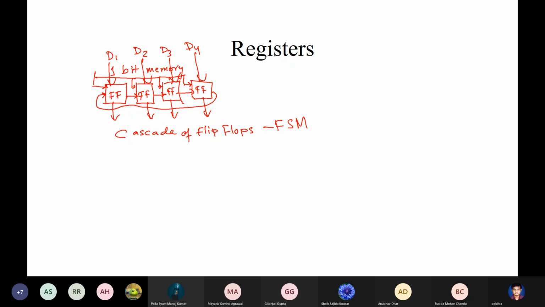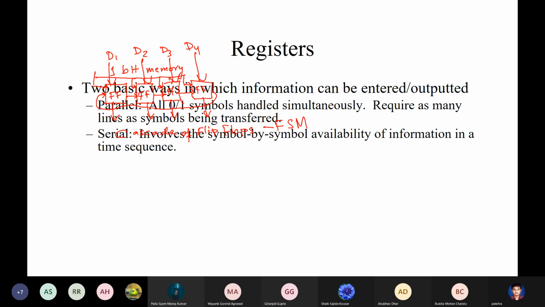You can think of the value of the output of each of these flip-flops as states, and depending on how these values change, you can think of the entire thing as a finite state machine. Now, depending on the structure of this finite state machine, or its transition diagram, you have different types of registers.